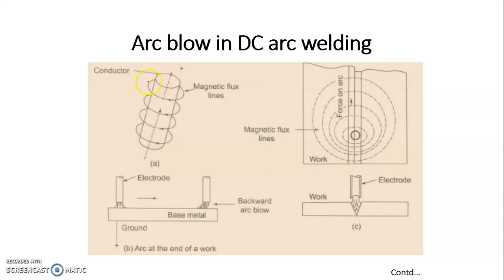Due to this conductivity, a magnetic flux field is generated in the electrode. When welding is done in this magnetic field, arc blow occurs, and this arc blow generally occurs in DC arc welding.